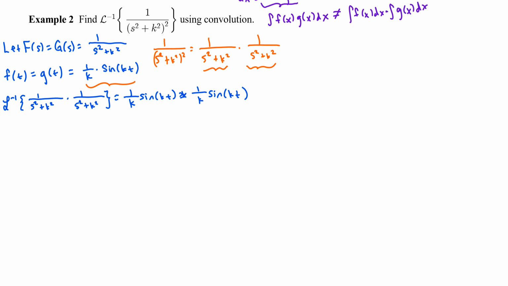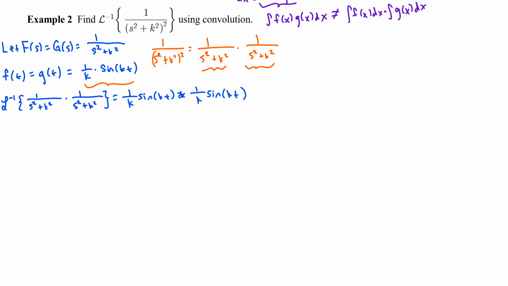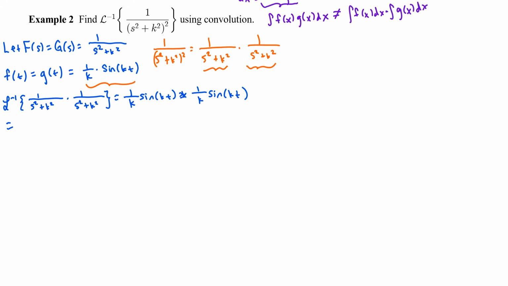So all we lack now is to execute the convolution of these two functions, which you know is not really an easy process. Now to save room, I'm going to slide my equal sign over here. Notice we have 1 over k as a constant coefficient of each function. I'm going to multiply those together and factor those in front of our integral. So we have the integral from 0 to t. Now remember the definition of convolution. We have f of tau, g of t minus tau.